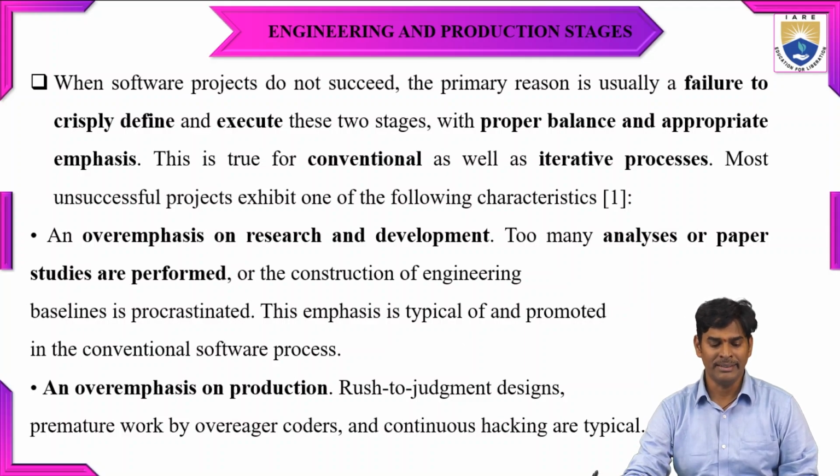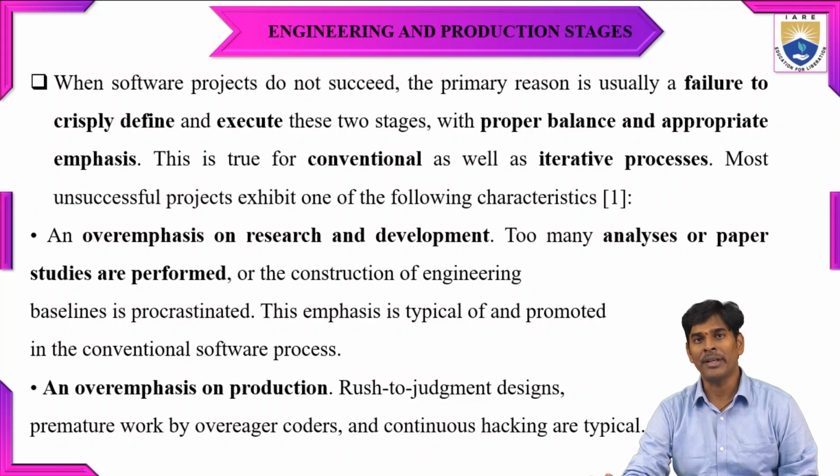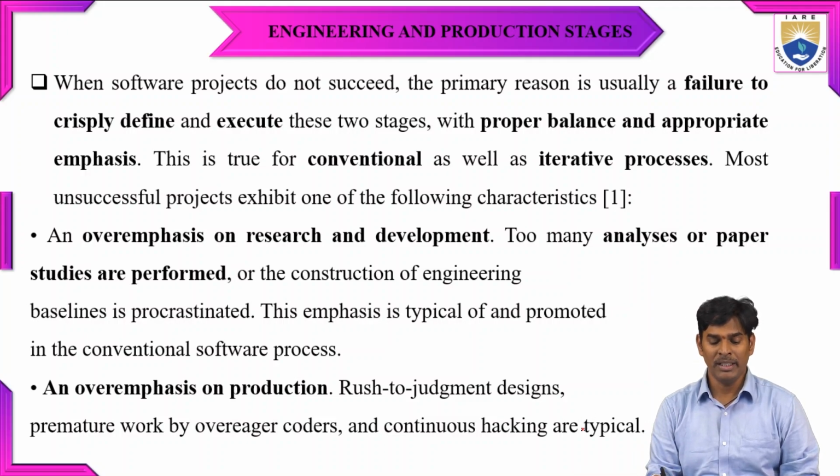The next one is overemphasis on production. They should not rush to judge the designs. They need to check whether the design will work for the future or not. They should not hurry and decide that this will work for the software project successfully. Premature work by over-eager coders and continuous hacking are typical.